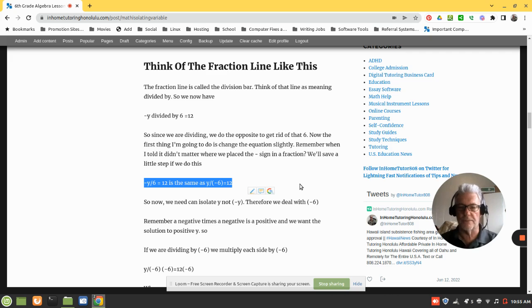And that will help us to skip a step where we won't have to multiply by negative 1 over negative 1 to change that, or multiply each side by negative 1, depending on where we are in the equation.